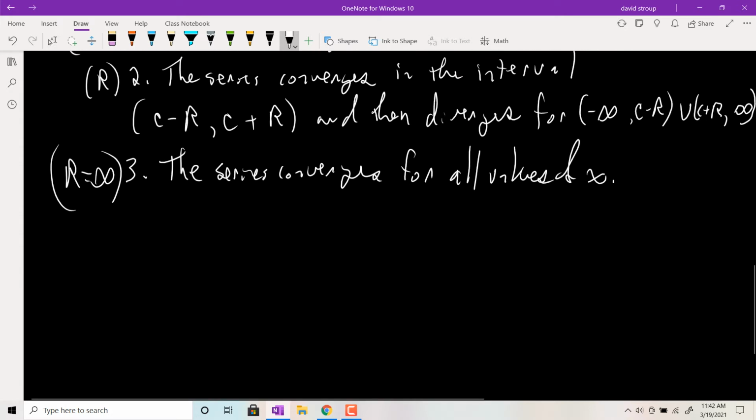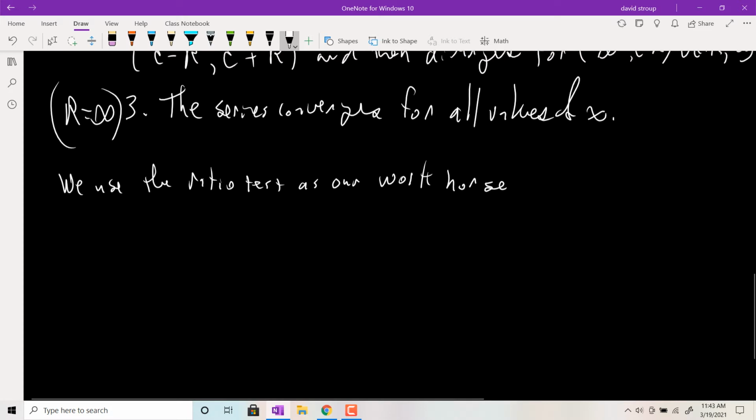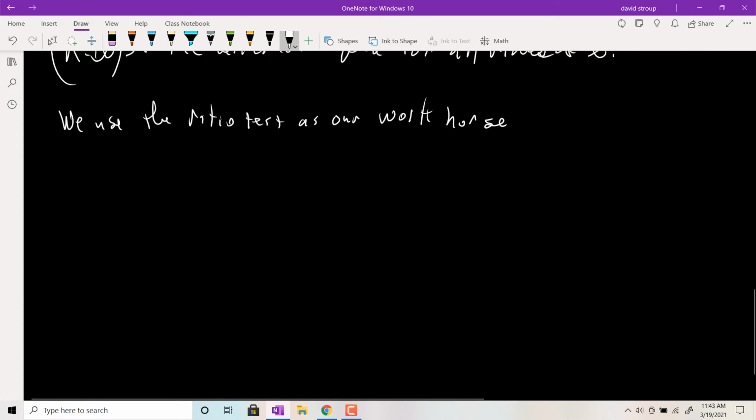In order to determine these intervals of convergence, we're going to use the ratio test. We'll call it the workhorse, which means it's doing all the heavy lifting. So let's dive in and take a look at some examples.